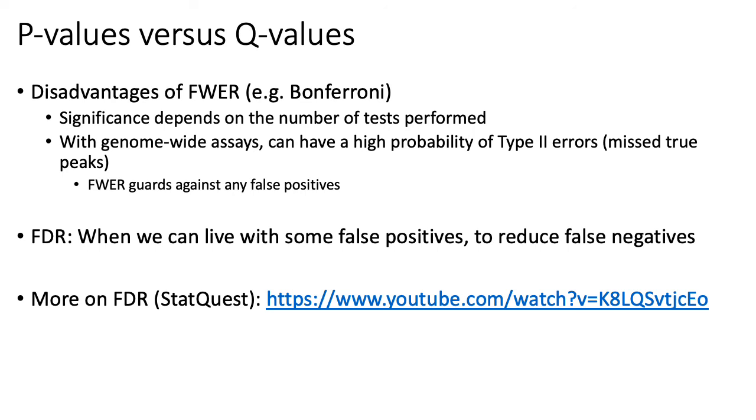And so you tend to have a lot of false negatives. In terms of ChIP-seq peaks, if you use Bonferroni correction, you'll end up missing a lot of real peaks. Whereas when you use false discovery rate, essentially what you're trading off is you are willing to accept that some of your peaks are actually false positives, but in return, you have fewer false negatives. And so that's typically what people use. People typically use the false discovery rate.